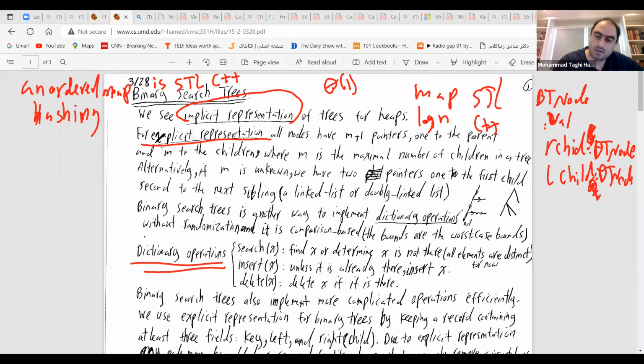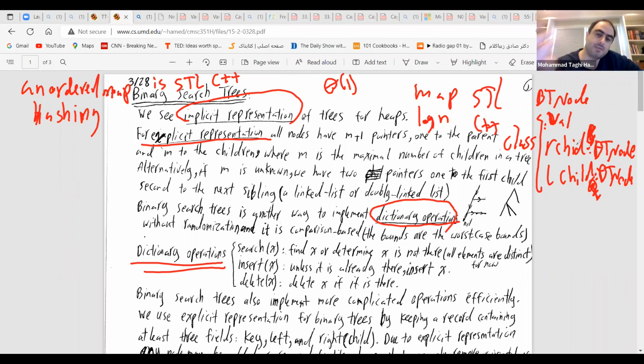So here we are talking about the dictionary operations. And again, the way that we are implementing them is using this BT node. This is a class, you can define it. This is a class of this kind, with the value, right child, and left child.